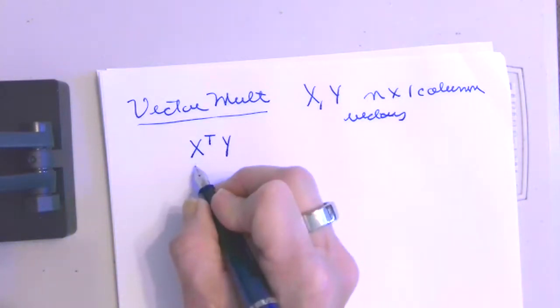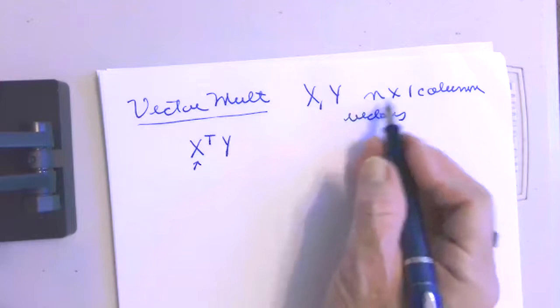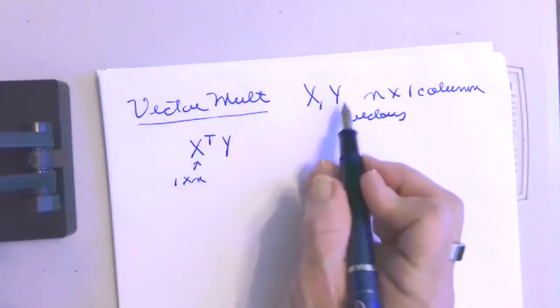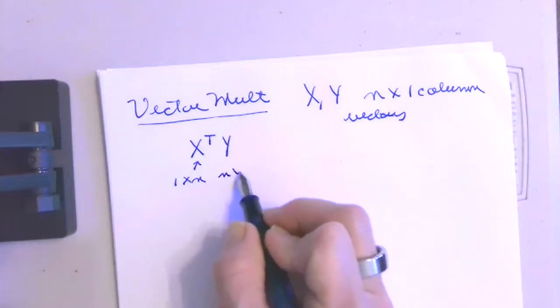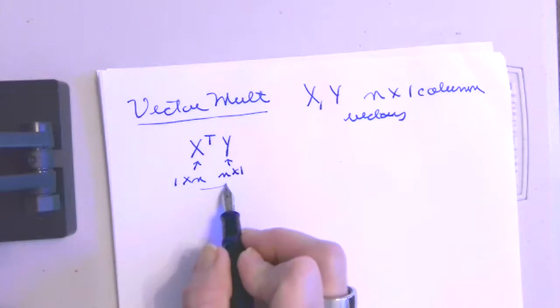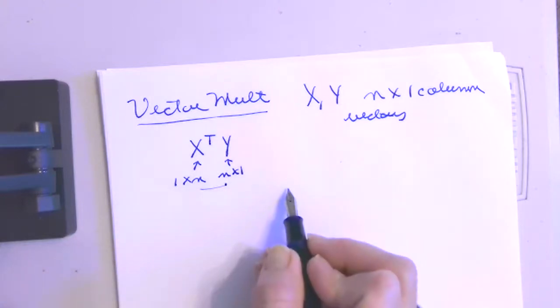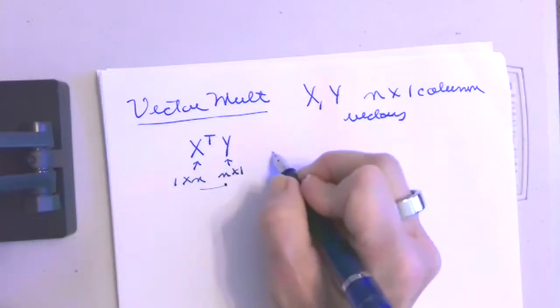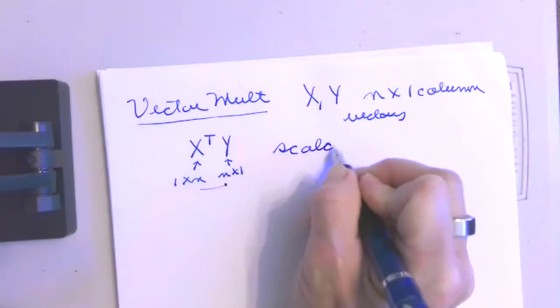But X transpose, because X was n by 1, X transpose is 1 by n. Y is an n by 1. The two middle numbers are the same, so I can multiply and I end up with a 1 by 1 matrix. So this always gives me a scalar.